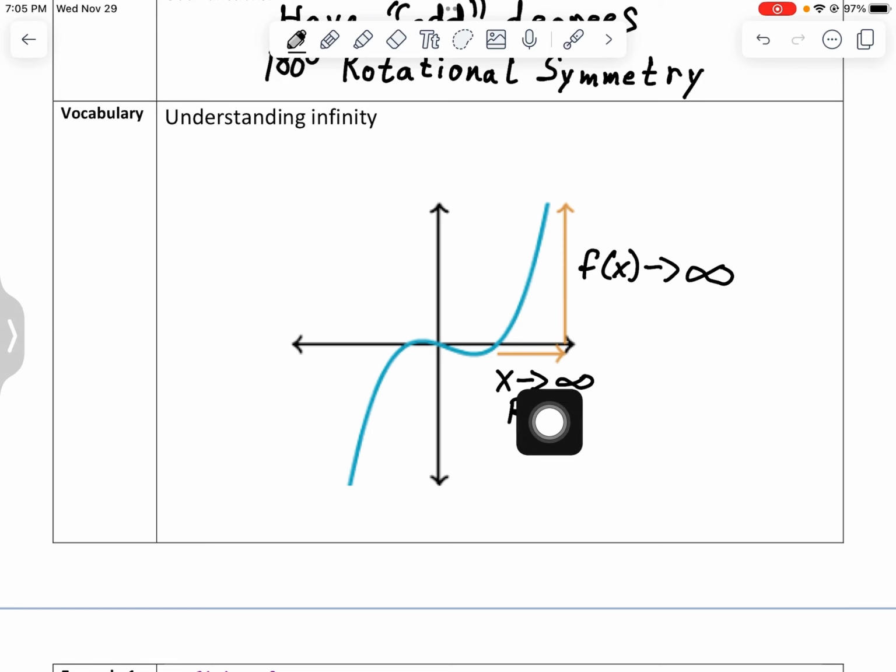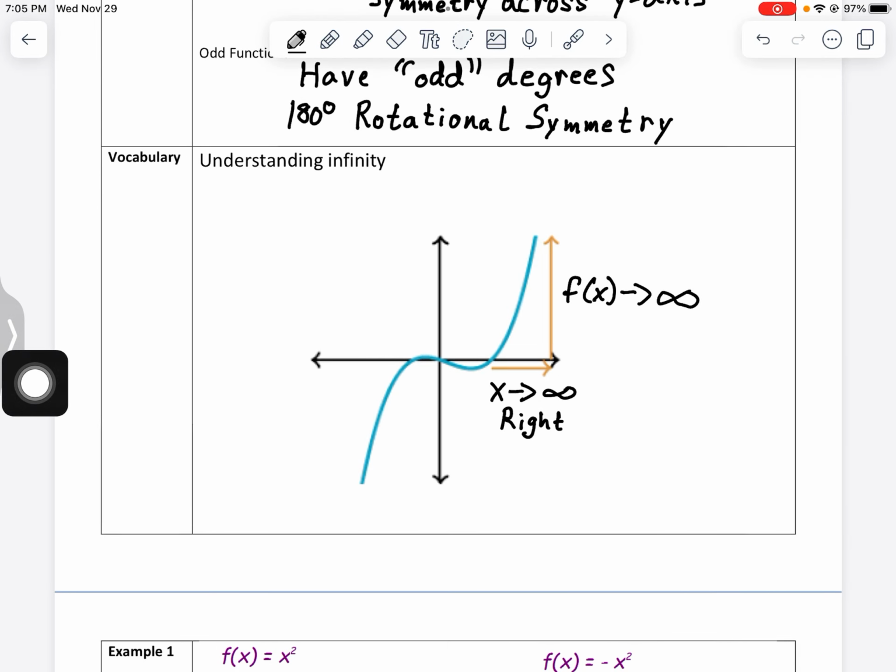So x as it goes to the right, we are assuming forever and ever it's going to continue all the way to infinity. As it goes in that same direction, it's also going up in terms of the y value. It's continuing to go up the further right we go, right? Okay, so the infinity is telling us the direction, and we're thinking of x and f of x as our left and right or up and down.